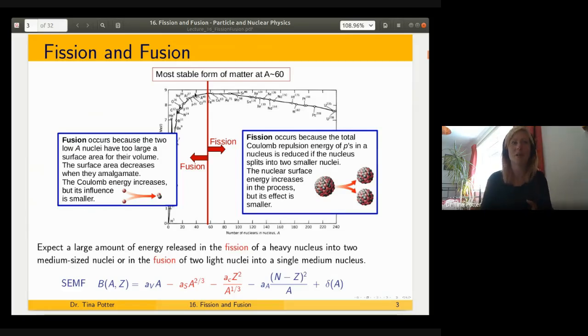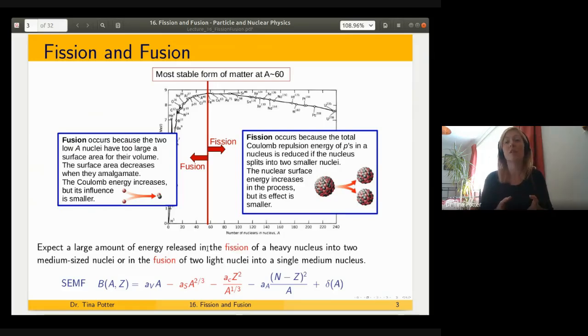So how do we try and understand this? We're going to understand this in terms of the semi-empirical mass formula. If you remember there, we have our volume term, surface term, Coulomb term, etc. When they split or merge, the volume doesn't change.